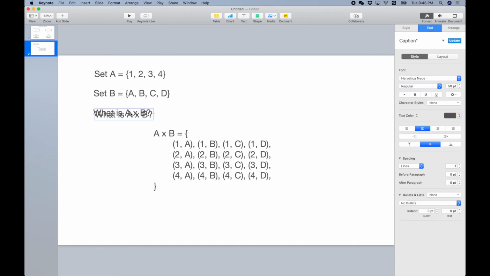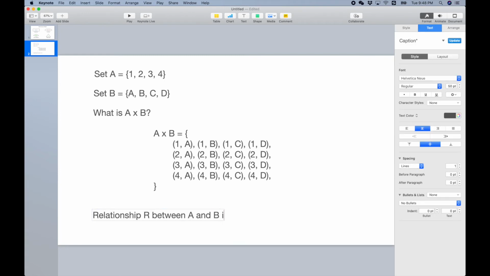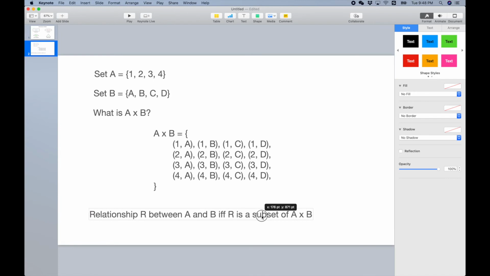So we can denote this relationship as R. R is a relationship between A and B if and only if R is a subset of A times B. So this is the definition for a relationship.